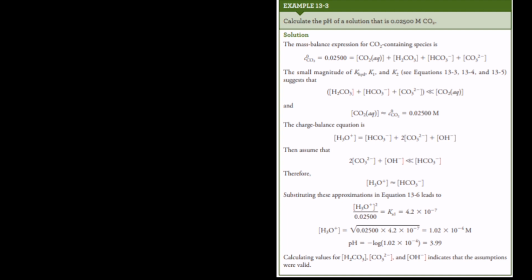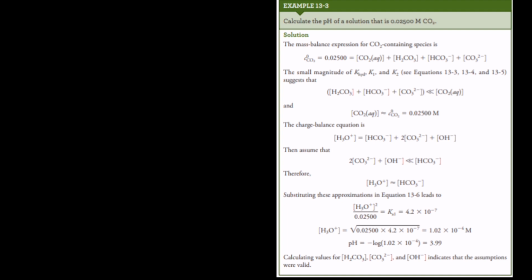Then assume that 2[CO3 2-] + [OH-] is much smaller than [HCO3-].